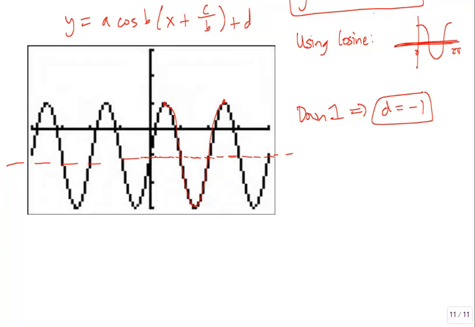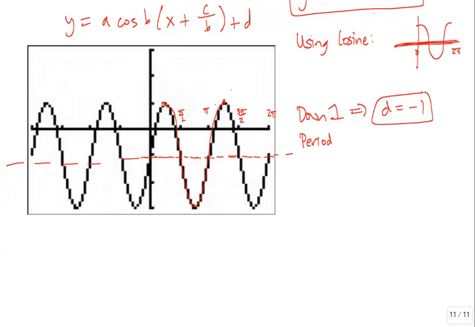All right, what's the next thing that we looked at? We looked at period. So has the period changed? Is the period going to be any different? Well, remember, this is pi over 2, this is pi, this is 3 pi over 2, this is 2 pi.